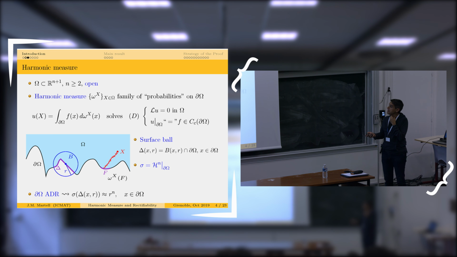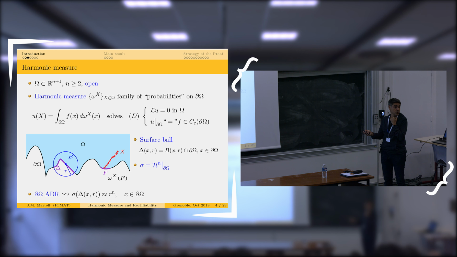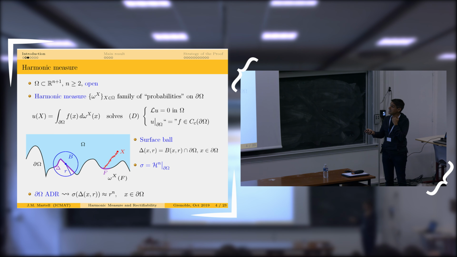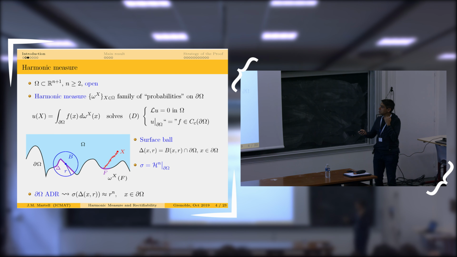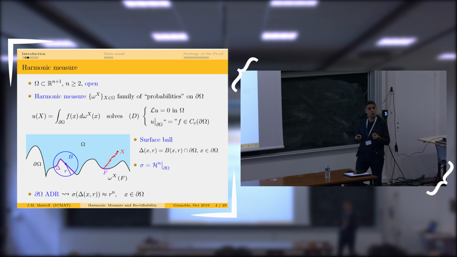Okay, so the idea is that you take a function which is continuous with compact support on the boundary. Because I'm considering unbounded domains, I need to consider functions which are continuous and compactly supported. And then you find some way so that, given any data, you construct a solution associated to that data. I'm not saying that my solution has to agree with f on the boundary, because unless you put some conditions on the boundary of the domain, you don't expect your solution to be continuous all the way to the boundary.